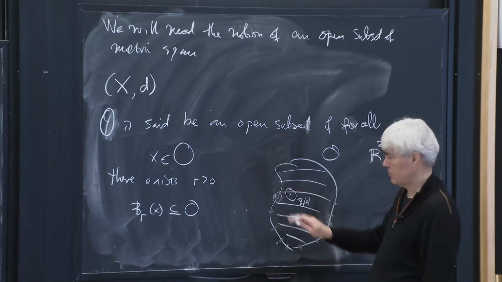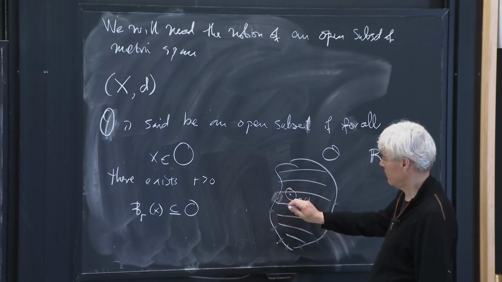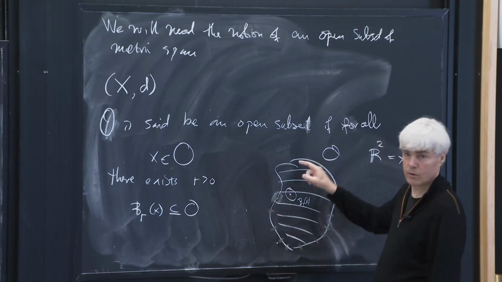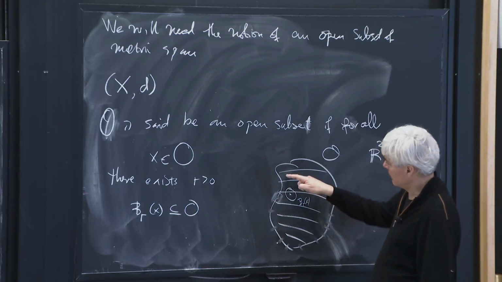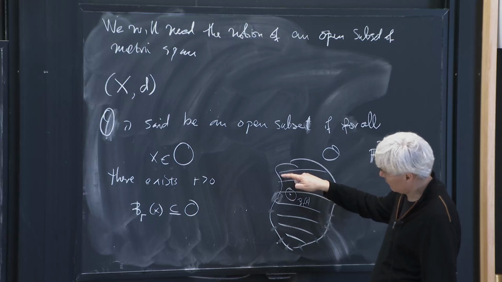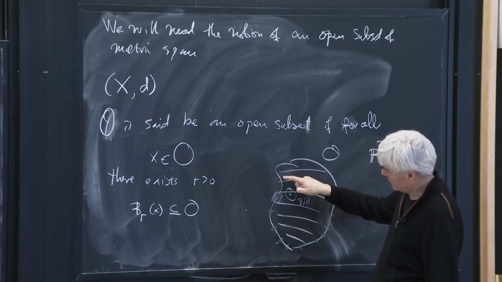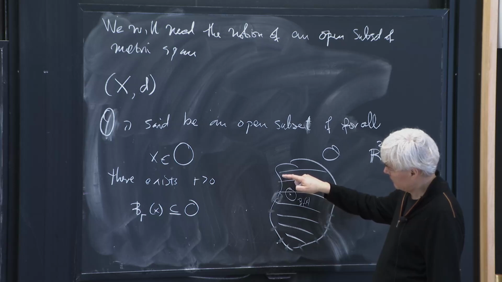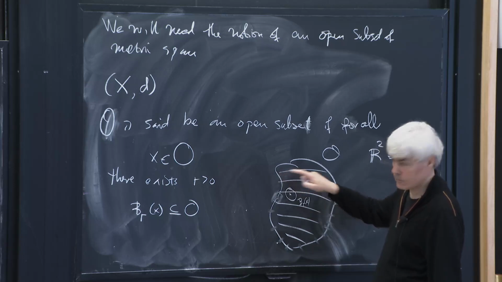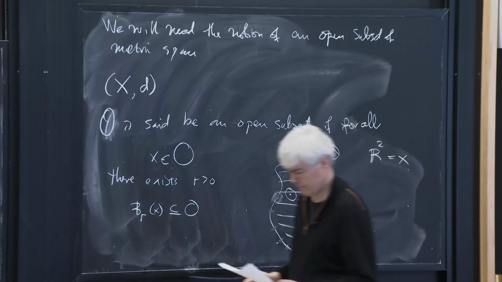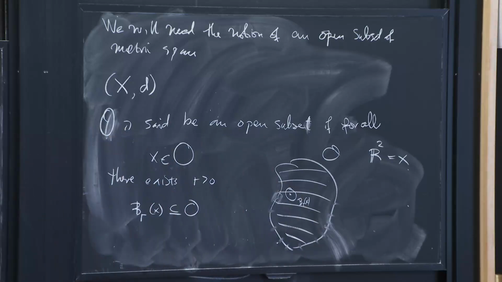So if this really was open, then this curve was not included. As you get closer and closer to that curve, you can still have a little ball inside the set, but the radius of this little ball has to be smaller. But that's fine. Okay, so this is what it means for a subset to be open.